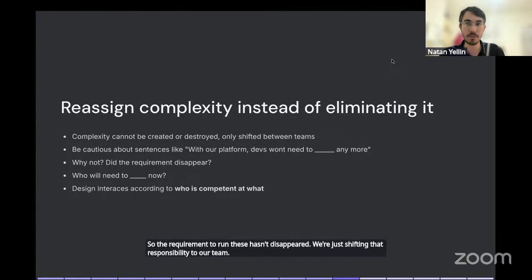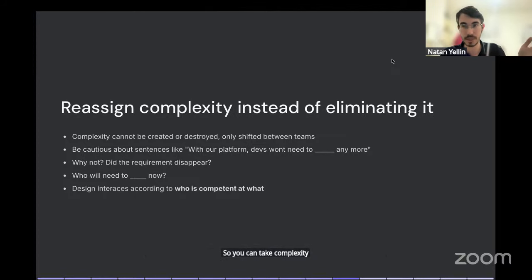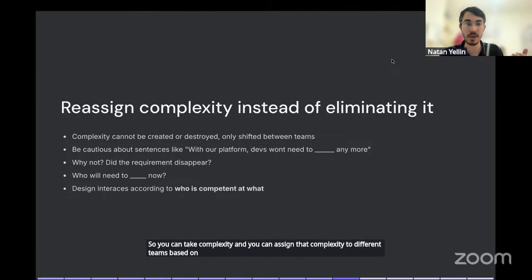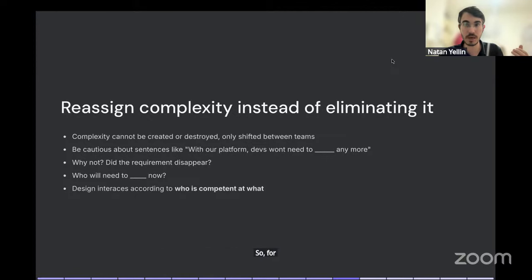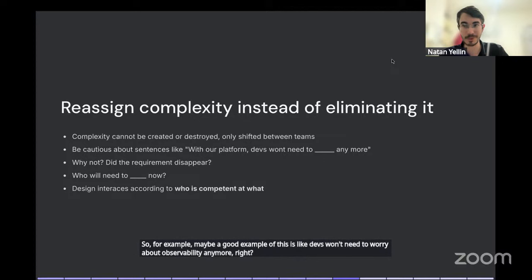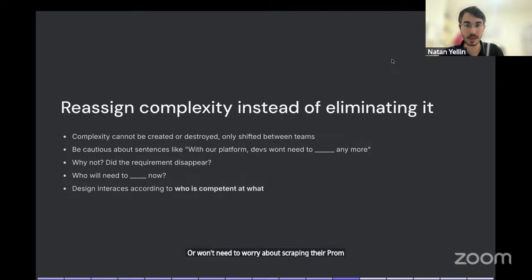So you can take complexity and you can assign that complexity to different teams based on what each team is competent in. For example, a good example of this is devs won't need to worry about observability anymore, or won't need to worry about scraping their Prometheus metrics. Okay, well, who is going to be responsible for that? So you can say, okay, the devs will expose metrics, right? That's something they're competent at. They do that in code.